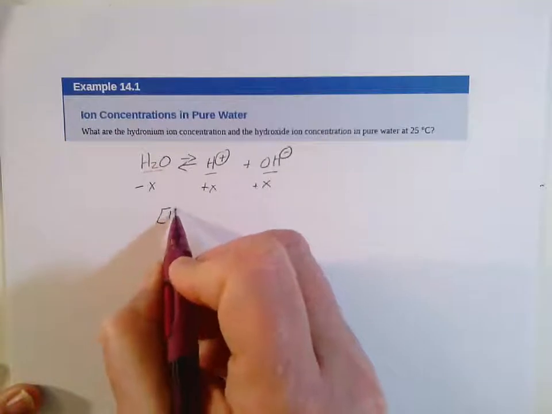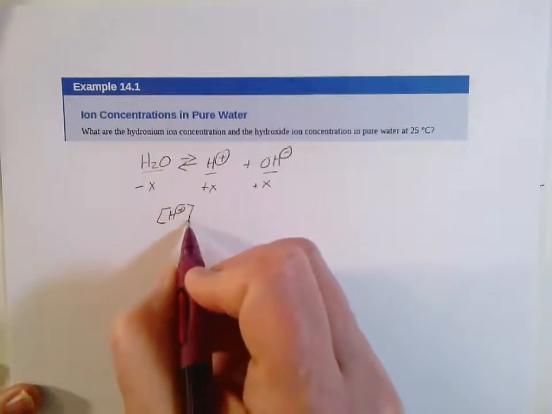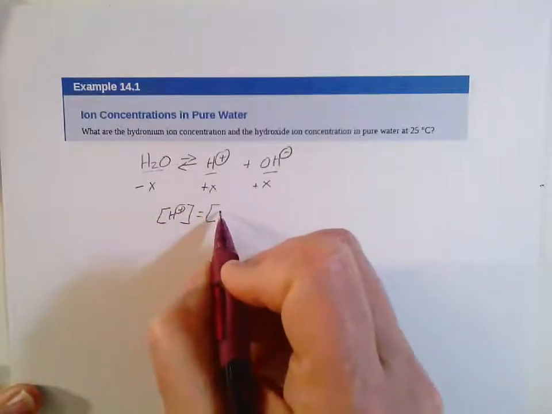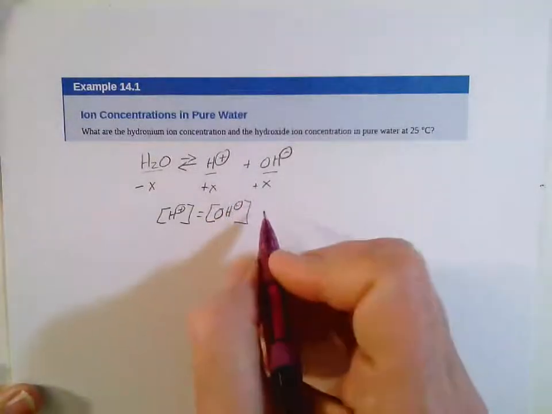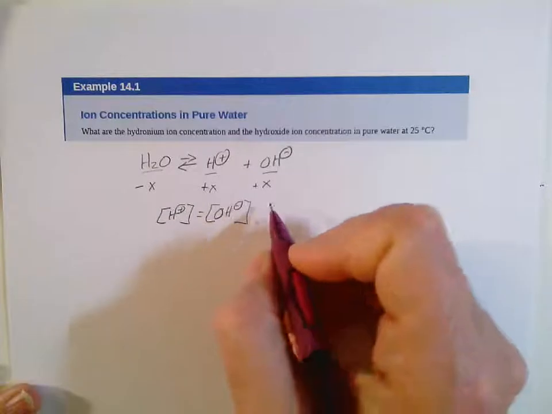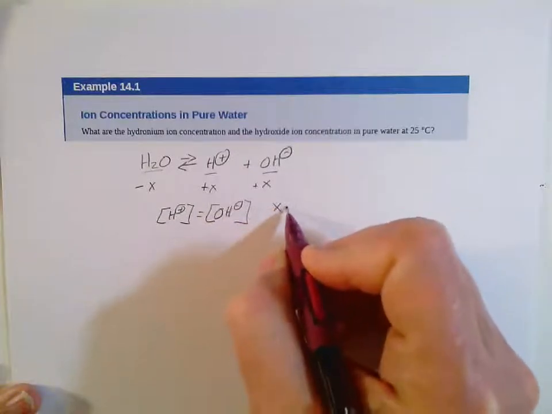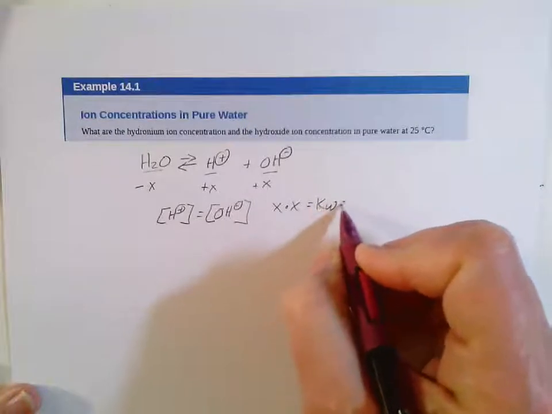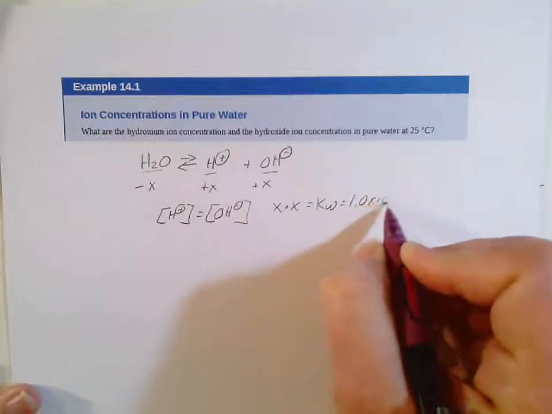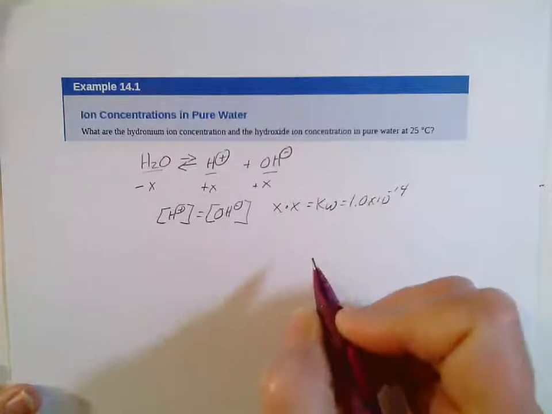So the concentration of hydronium ions is equal to the concentration of hydroxide ions. And so if I make them both X, then I can say that X times X is going to equal Kw for water, which is 1.0 times 10 to the negative 14th.